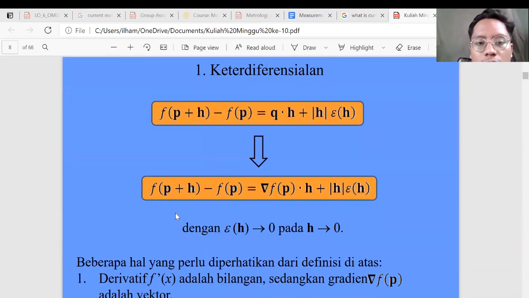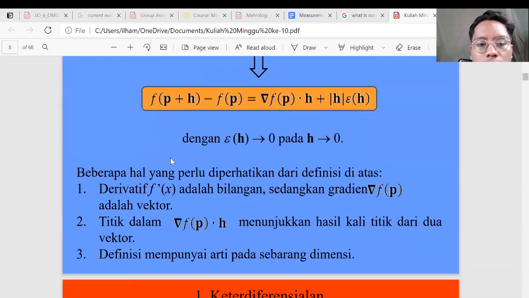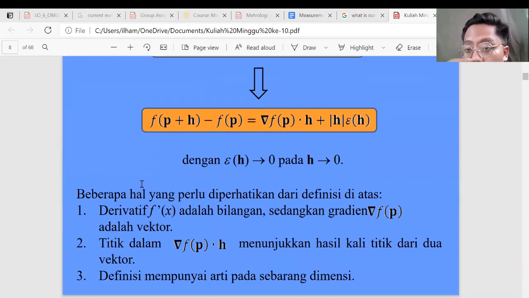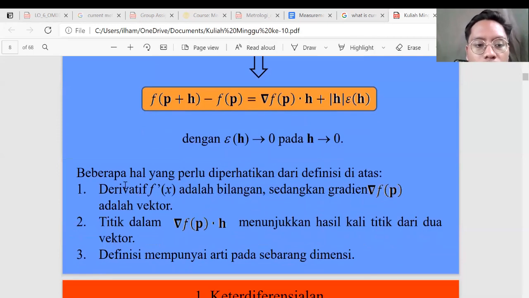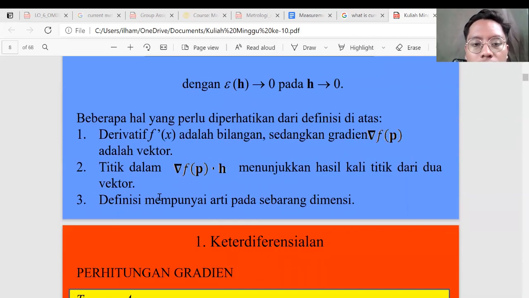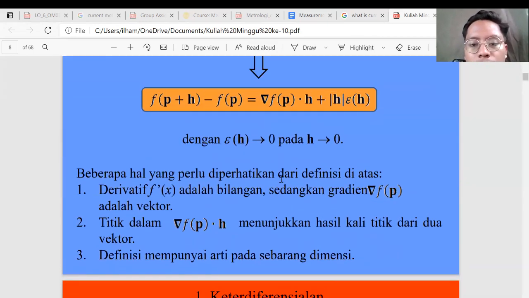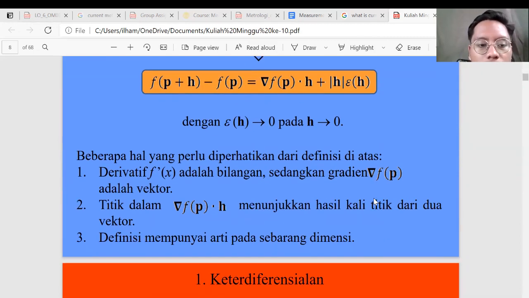And there are some things we need to note from the definition above. Number 1: the derivative f'(x) is a number, but the gradient ∇f is a vector.